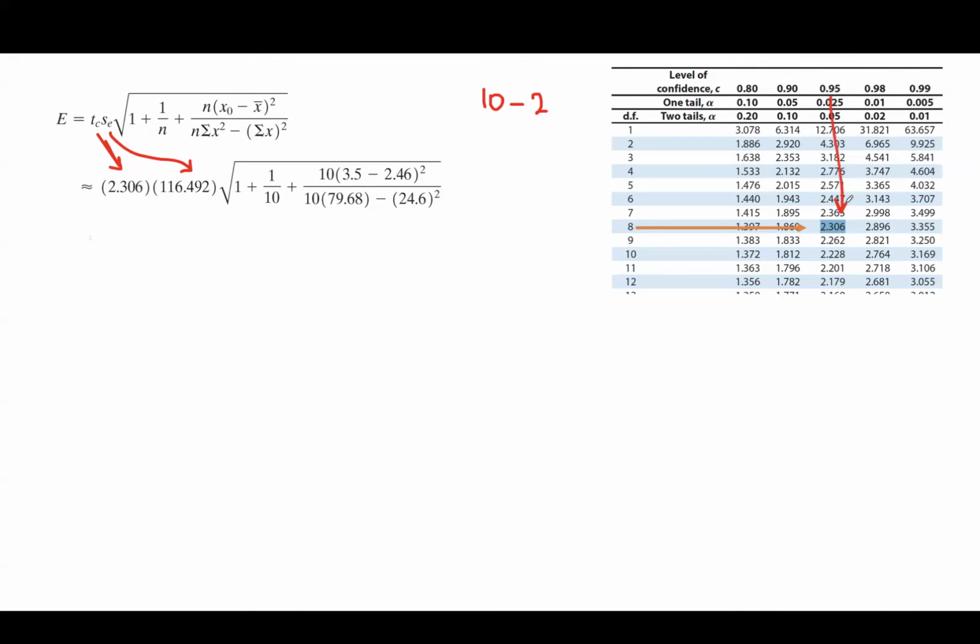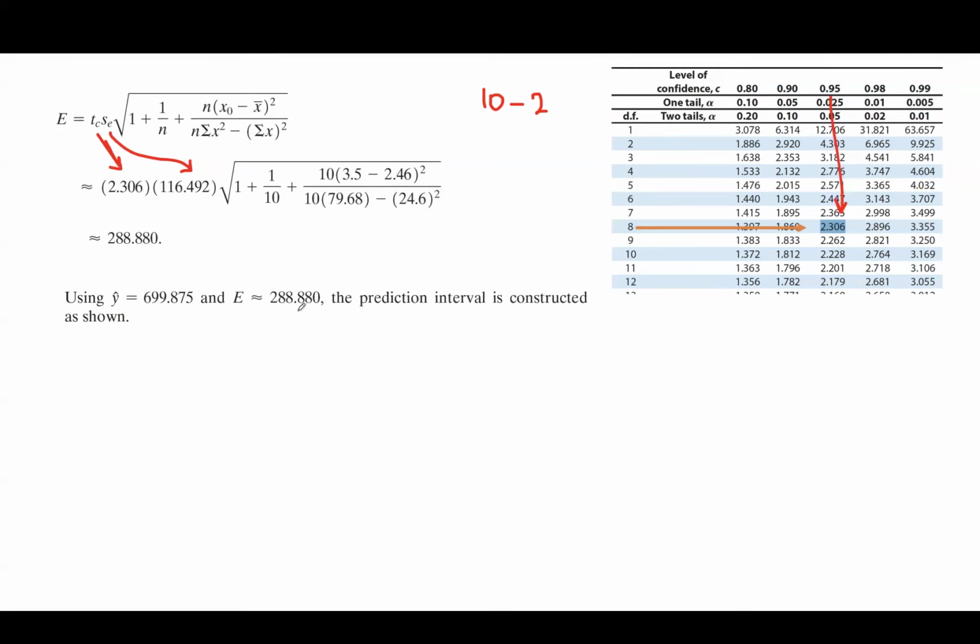So after you plug everything into the formula, the margin of error is 288.880. Remember that our y hat, the predicted y value for a specific x value, was 699.875.